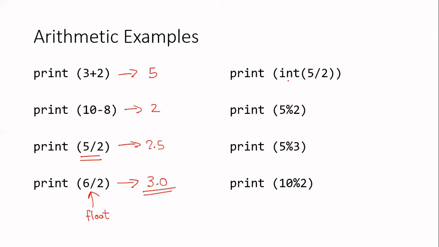So here we could do casting. Remember, whenever you see something like this, it means we are casting. Casting means I'm changing from one data type into another. So 5 divided by 2, we just said is 2.5, but make that into an integer.